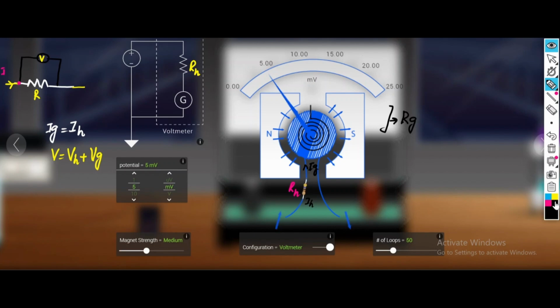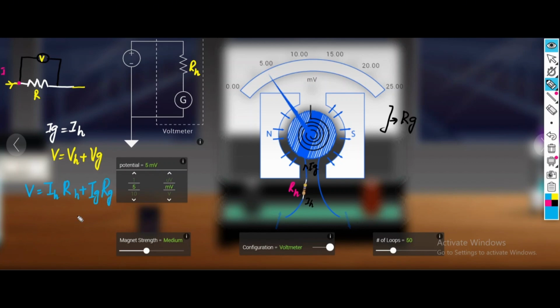According to Ohm's law, V is equal to IR. So for the high resistor this becomes IH RH, plus IG RG.